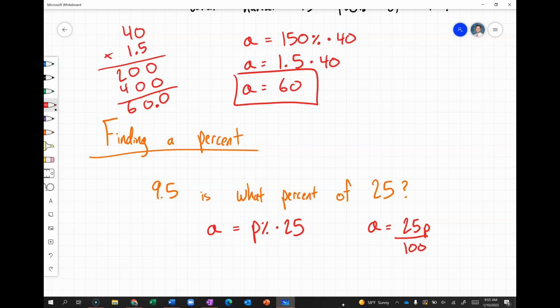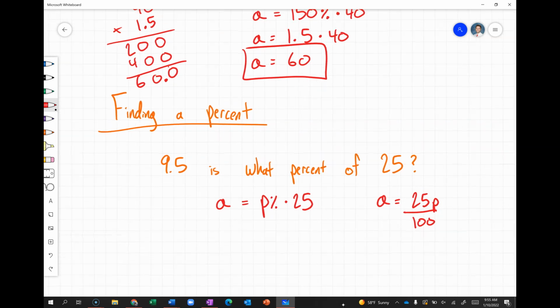So let's do both of those concurrently. So here we've got A, which is 9.5, equals P percent times 25, or 9.5 equals 25P over 100. So here, if we're solving for P, in this equation on the left, we would divide both sides by 25. So we have 9.5 divided by 25.